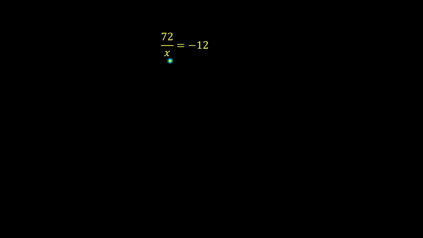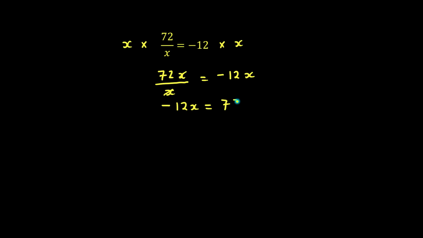Here's another one. Once again, we multiply both sides by x. Then this would give me 72x over x, which is equal to minus 12x. Now these x's cancel. I'm left with negative 12x, which is equal to 72.